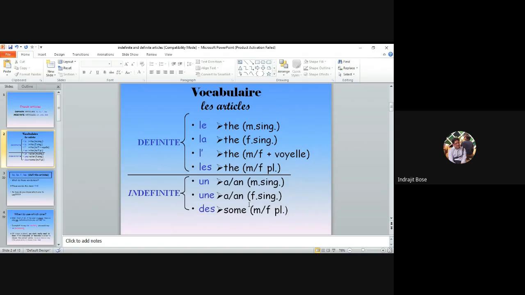Again, les means the, which is masculine and feminine plural. These are the forms of the definite article the, or le, in French. The indefinite article has again three forms: un, that is a or an, masculine singular; une, a or an, feminine singular; and des, which means some, masculine and feminine plural.